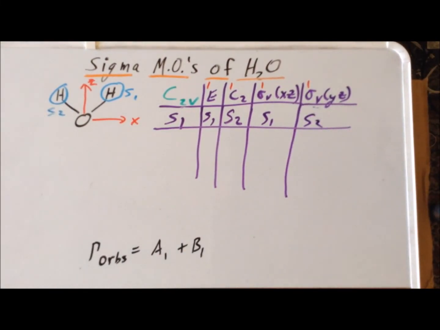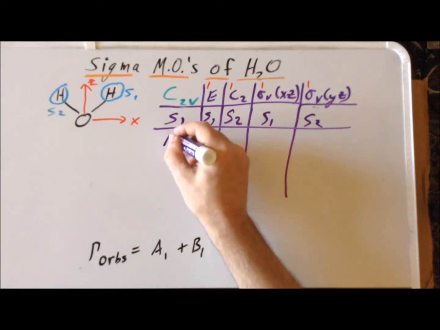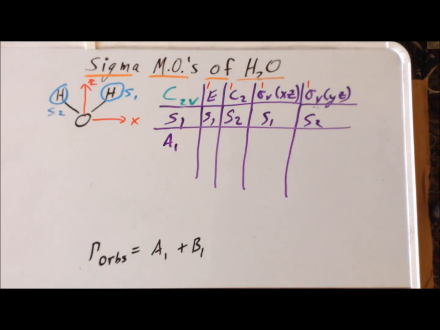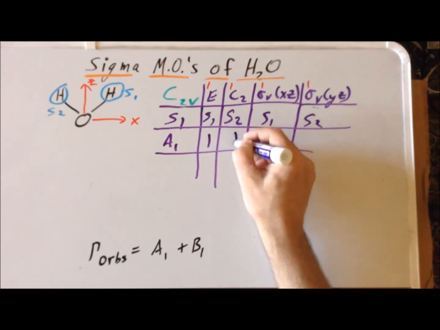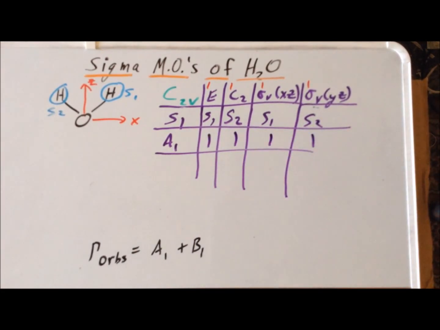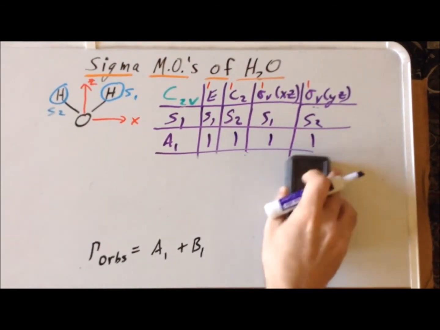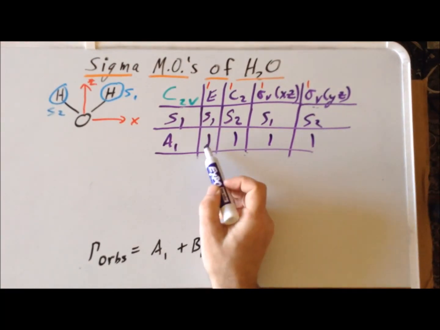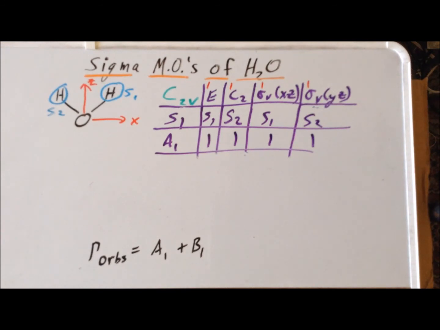Now to see what these particular combinations look like, we need the characters from the character table for the irreducible representations A1 first, and then for B1. The characters for A1 are all 1s because A1 is the totally symmetric representation. So, as a result, we multiply the character from the second row times the term in the first row.